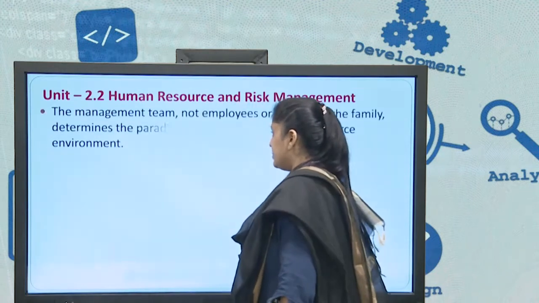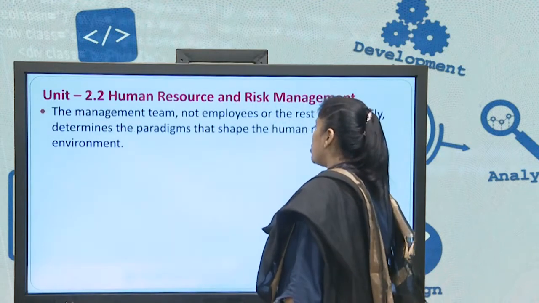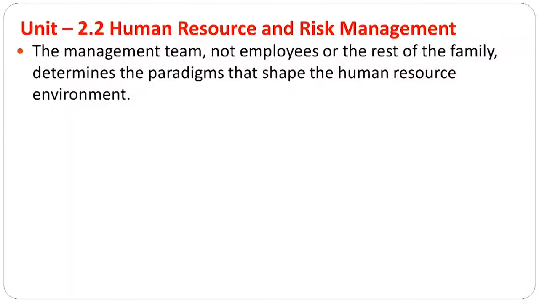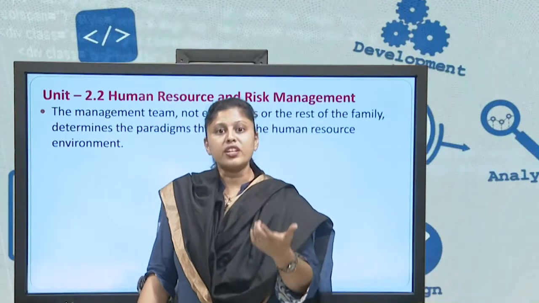It says that the management team, not employees or the rest of the family, determines the paradigms that shape the human resource environment. So there is a management team which decides the paradigms that shape the human resource environment. The management team will see what the HRM team is going to do for its employees.